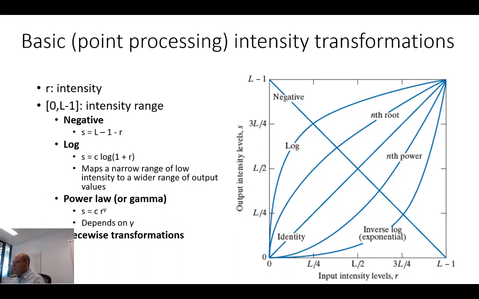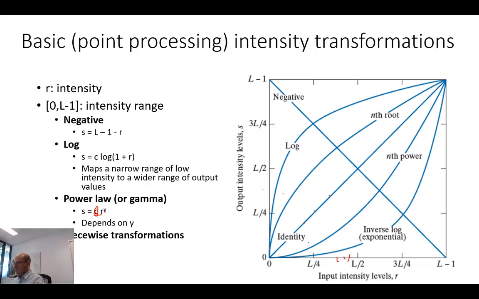So you see that if gamma is 1, we have the identity transformation. The same values here are going to be mapped to the same values there, given a particular constant. It's not going to be exactly the same values, but you get the idea, right?